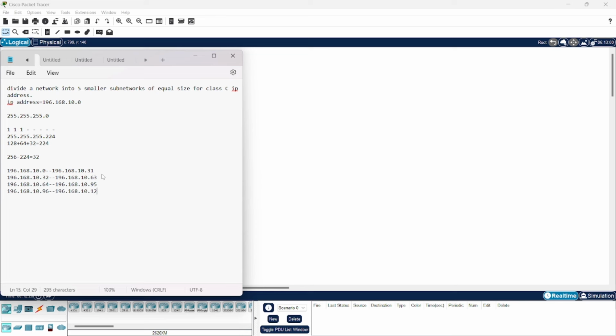I would get 127. For the fifth network, we would start from 128. Then I would again add 31. I would get 159. Here, I can have 8 subnetworks, but we only need 5 as mentioned in the question.